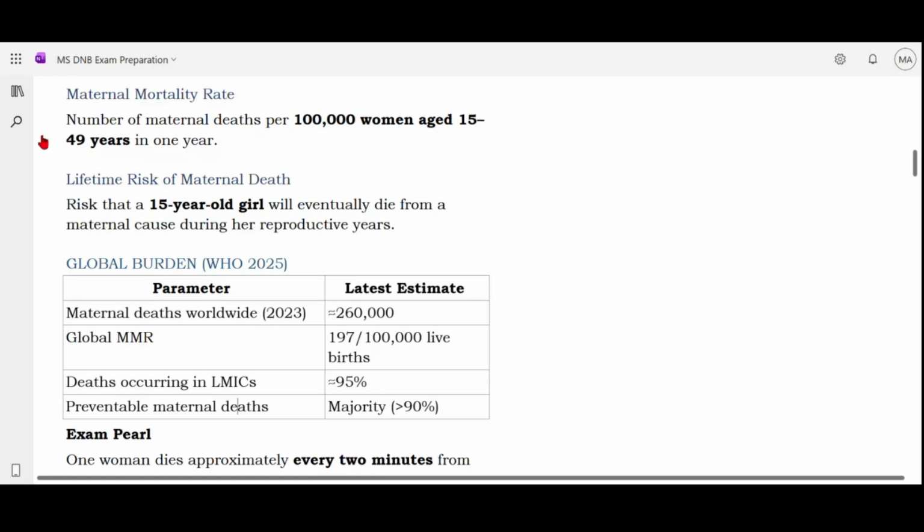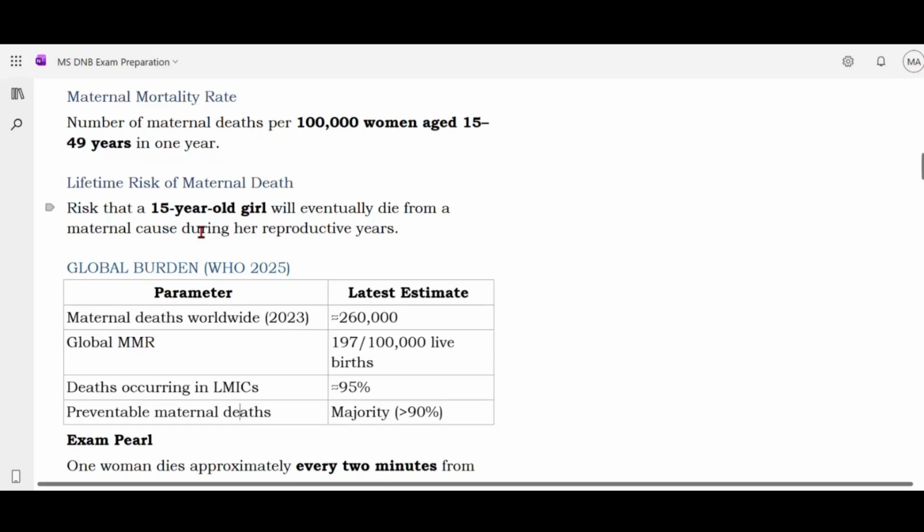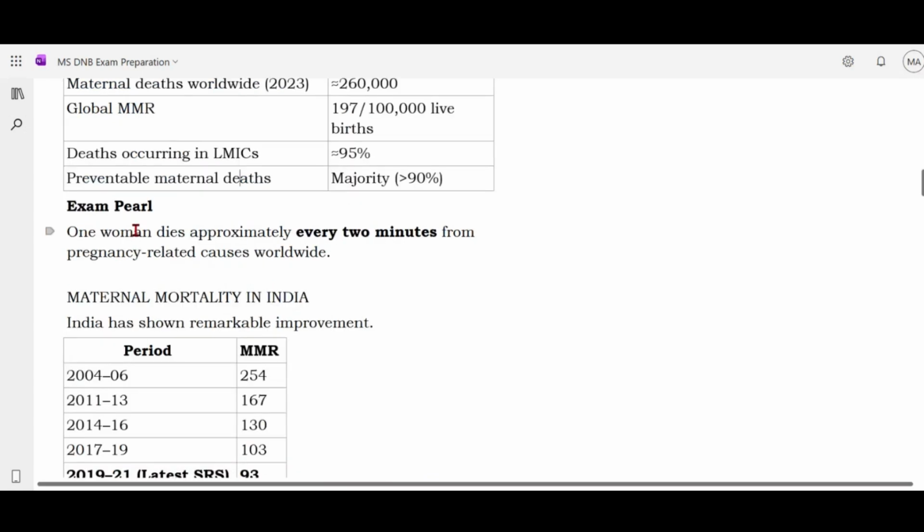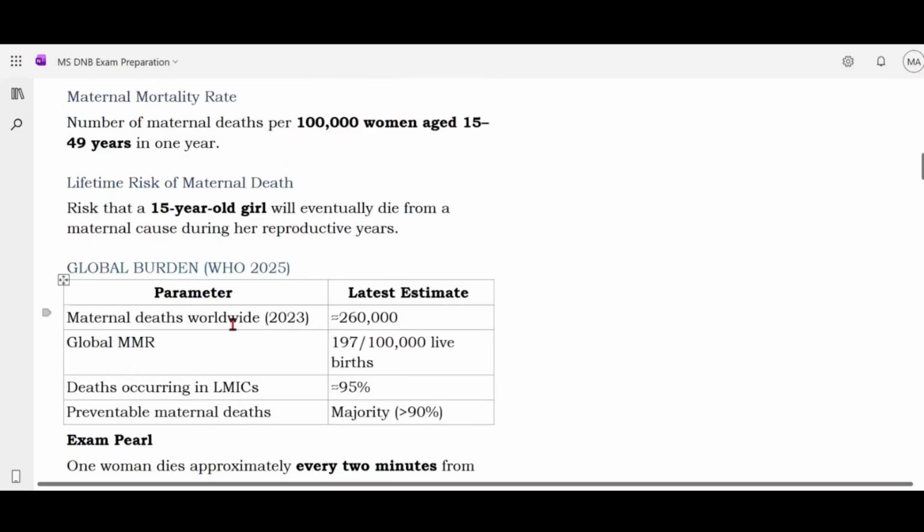Suppose a 15-year-old girl enters into the reproductive age group. That is called the lifetime risk of maternal death, and it has two components. One is related to fertility, and another is how many times she is becoming pregnant and what is the burden. So these are the important factors for the lifetime risk of maternal death.